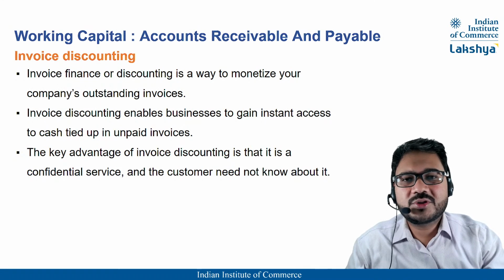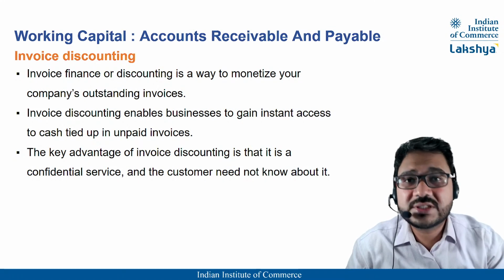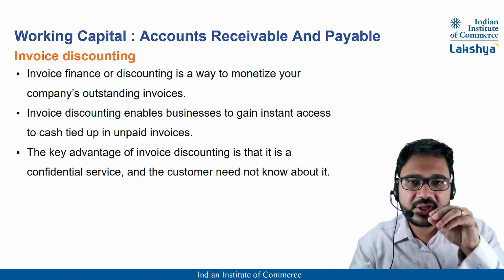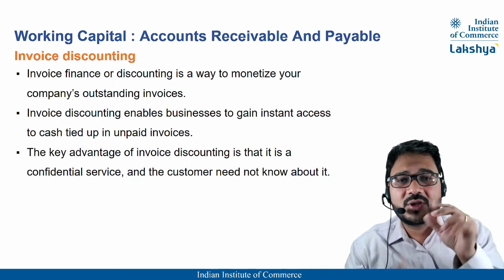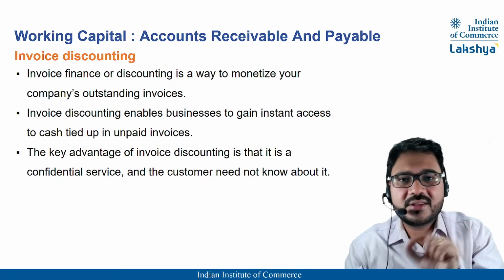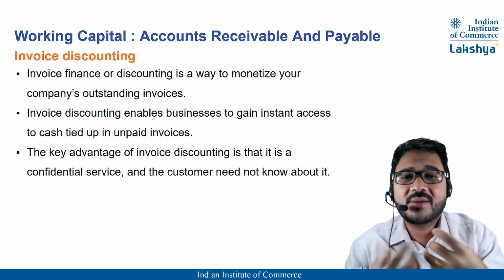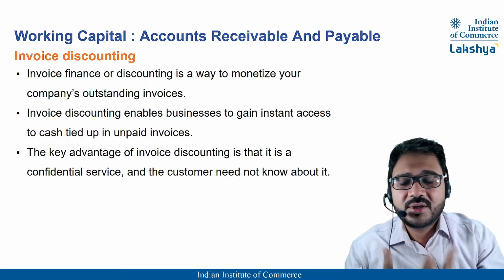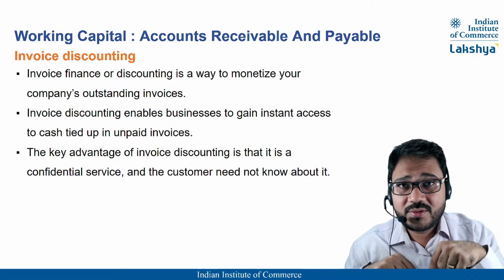You can approach someone who's known as a discounting agent or an invoice discounting agent and tell that person, hey, listen, here is a bill, an invoice of $1 million. Clearly in the invoice, it is mentioned that I am going to receive $1 million after 1 month, but I need the money now.